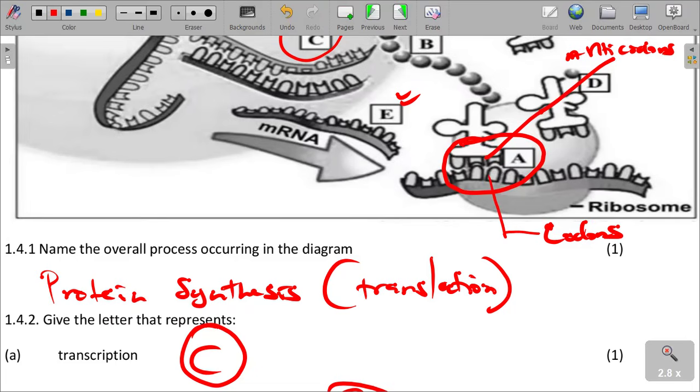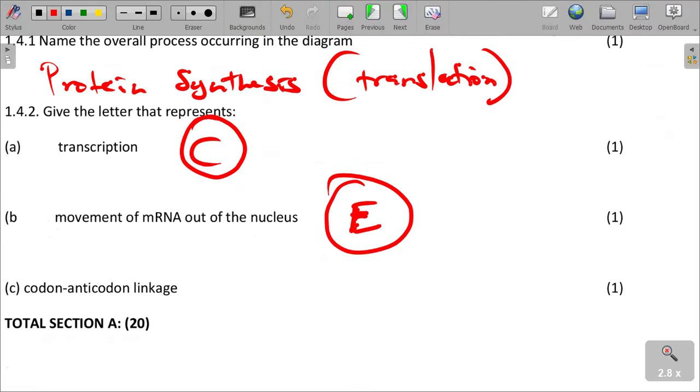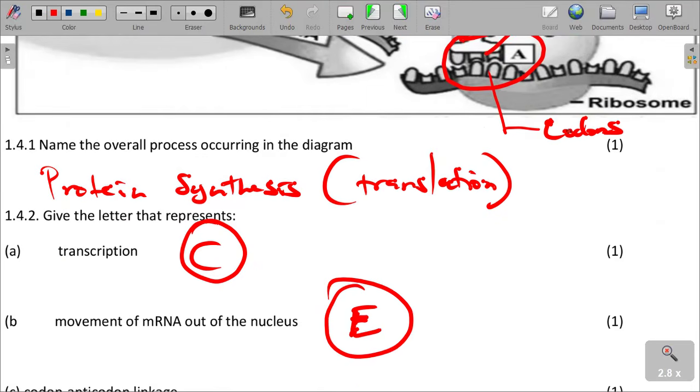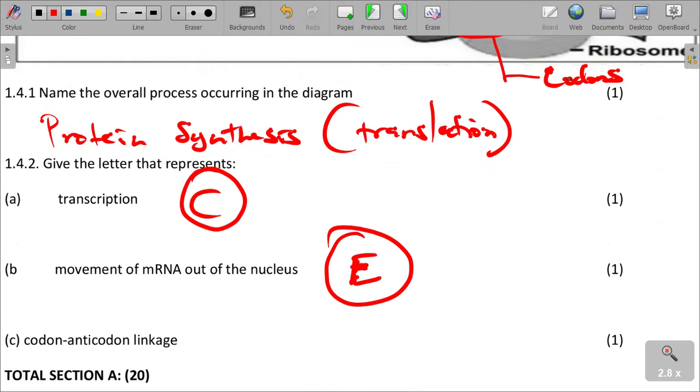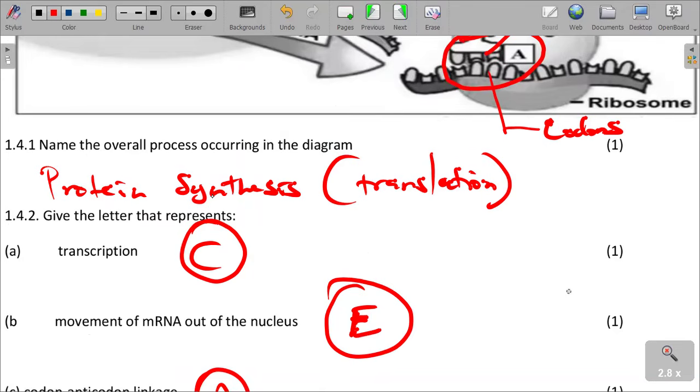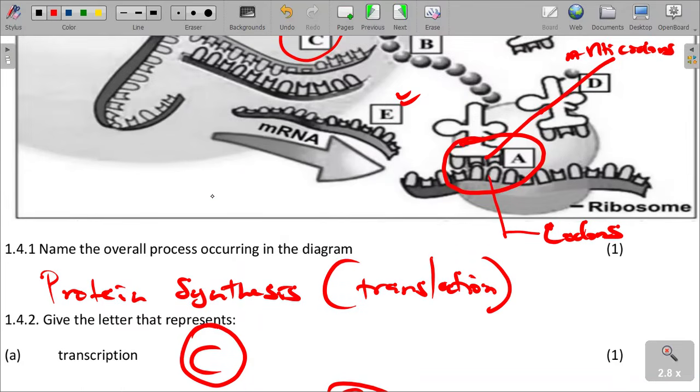That linkage is what they are referring to. So it is taking place at E. Sorry, the linkage of codon-anticodon pairing is taking place at A.